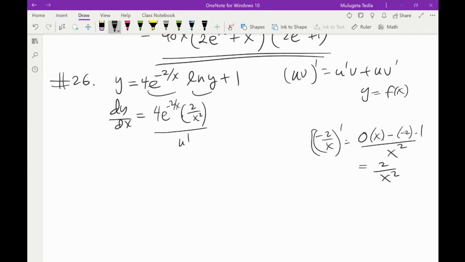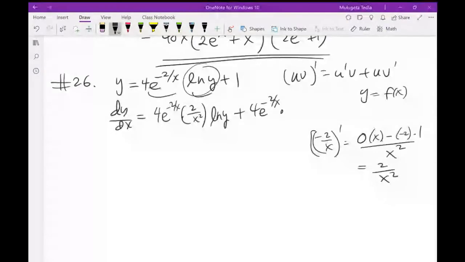We have v. v is what? ln y. Right? And then you reverse the action. Then copy 4 times minus 2 over x times the derivative of ln y. What is the derivative of ln y? 1 over y.